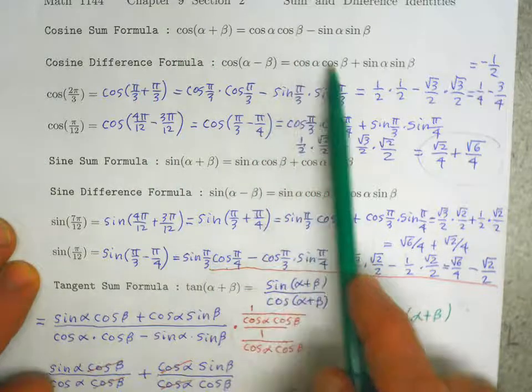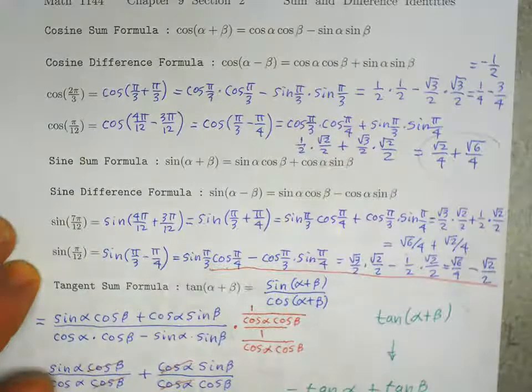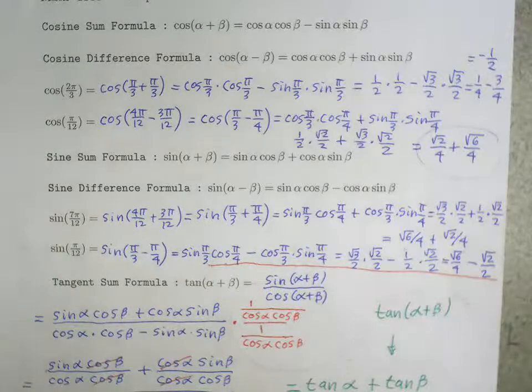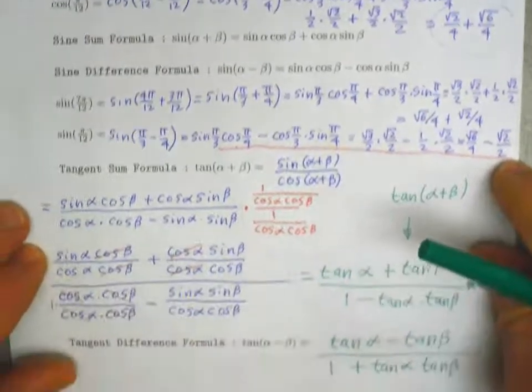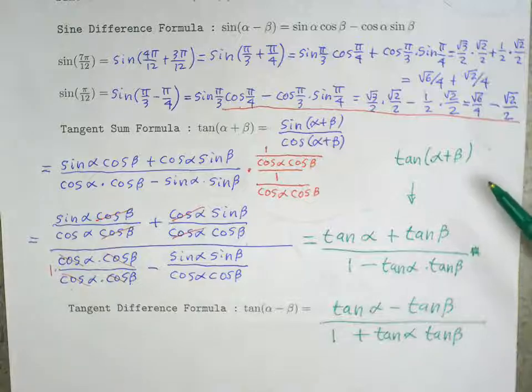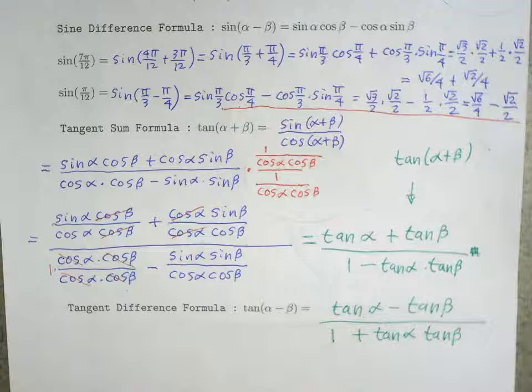You can see the similarities in the two formulas. So work on memorizing cosine sum, cosine difference, sine of sum, sine of difference. And my advice is to also memorize the tangent sum formula and the tangent difference formula. But as I said, you can always derive those whenever you need them.